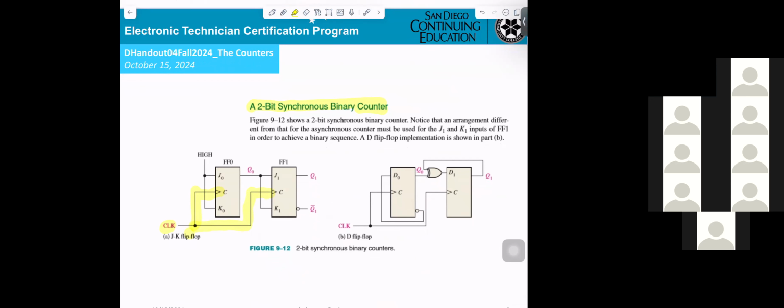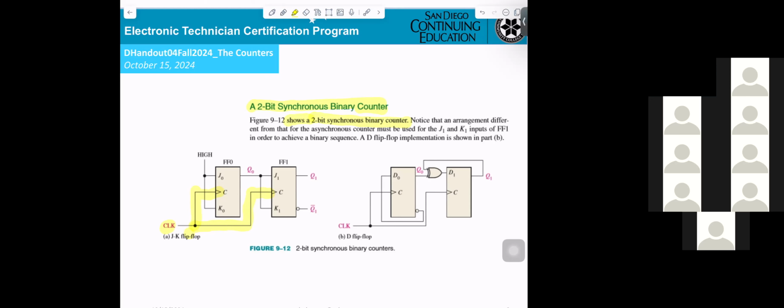They get the same clock. That is the difference. And this is what we call a synchronous counter. When you apply the clock going to the first flip-flop, it also goes at the same time to the second flip-flop. So this is a 2-bit synchronous binary counter.